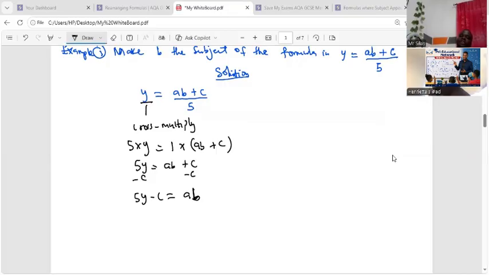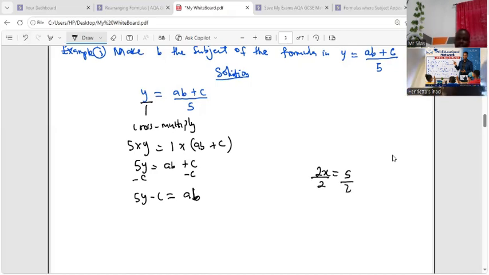Remember when you are solving your linear equation, let's say 2x equal to 5, and you want to find the value of x, you have to divide both sides by the coefficient. Eyes on the screen, please. You divide both sides by 2 so that this will cancel out and x becomes 5 over 2.